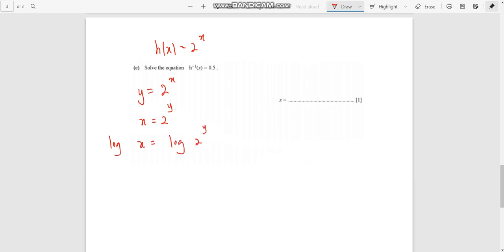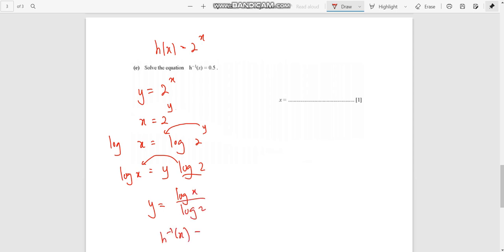After you add the log, I can bring down the power. So log x equals y times log 2. Okay, and then I want to get y as the subject, so I move the log 2 here. I get y equals log x divided by log 2. So this is my inverse function h.